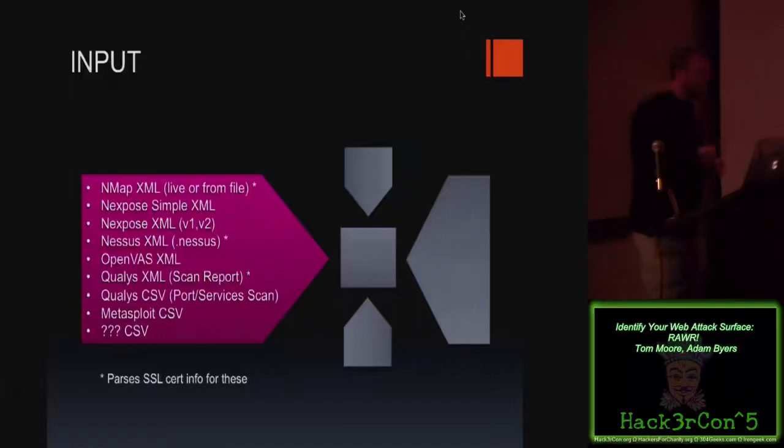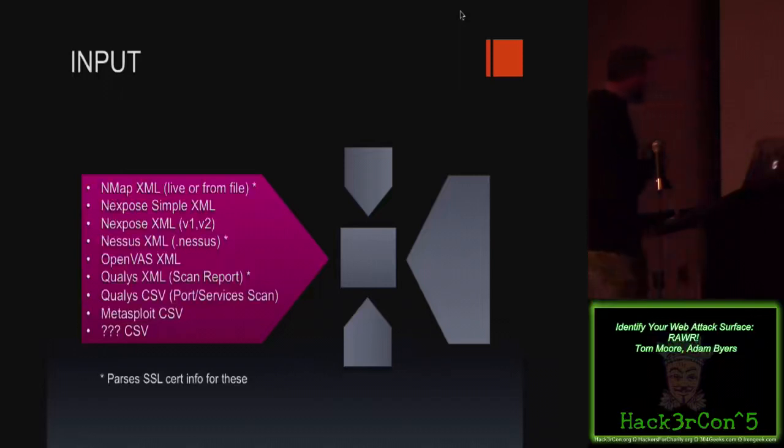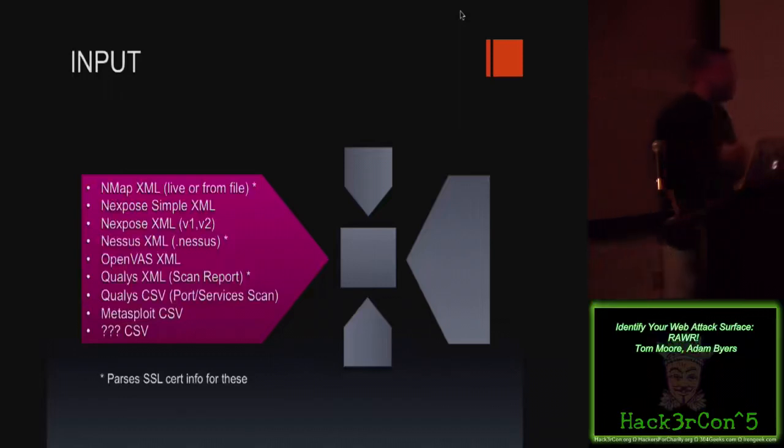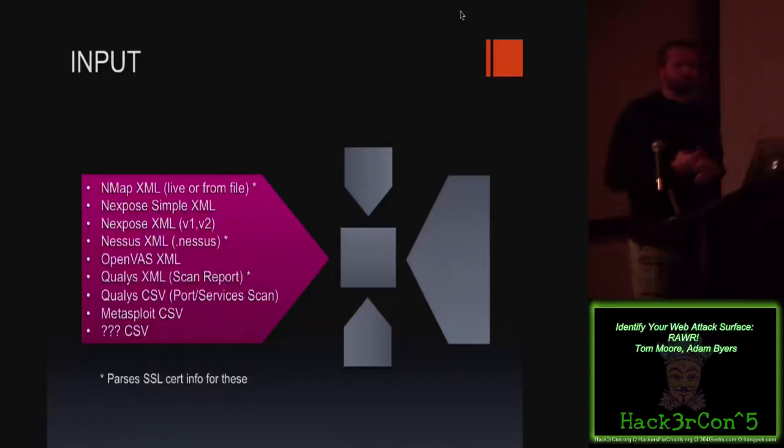RAWR can take multiple inputs. You can give it an nmap XML file. You can use Nexpose XML, Nessus XML, OpenVAS, Qualys, pretty much anything that we could think of that might already be scanning your network. We built an interpreter that will pull that data in and parse it out correctly, and allow RAWR to work on that as a list of targets to go after.